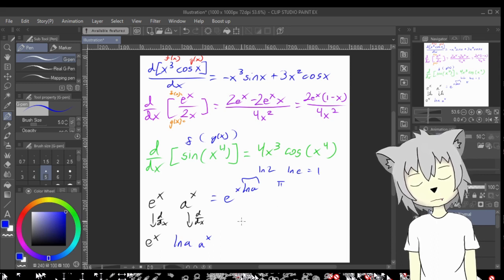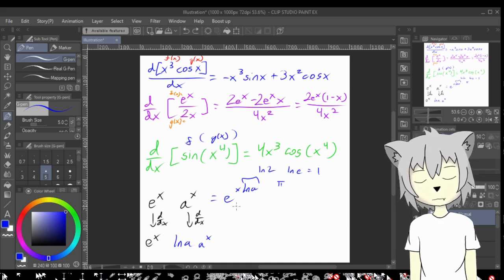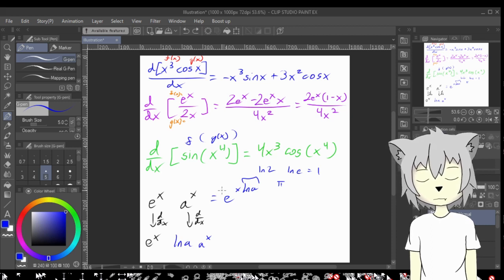The derivative of x ln a is ln a, and that's what we put out here. And we don't change what's inside this function, we just find the derivative of it, which is basically e^(x ln a), and that you don't change. That's basically another derivative for you.